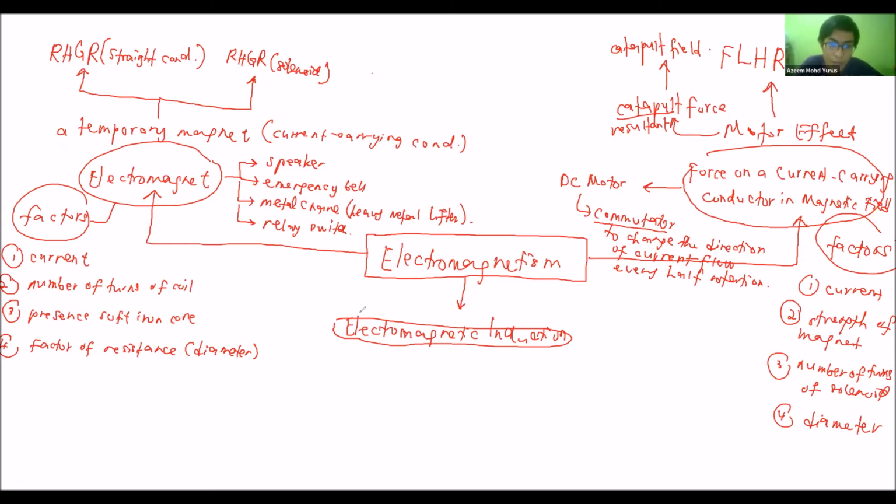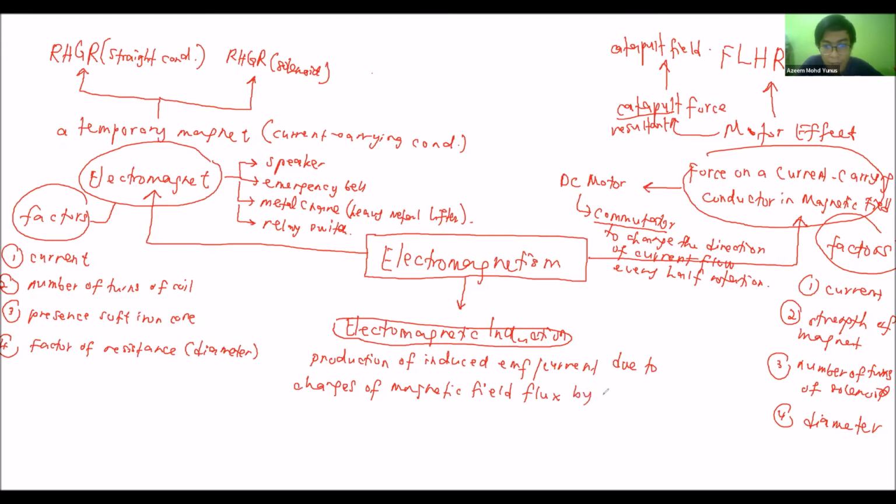So electromagnetic induction is the production of induced EMF or current due to changes of magnetic flux, or relative motion of conductor in magnetic field.